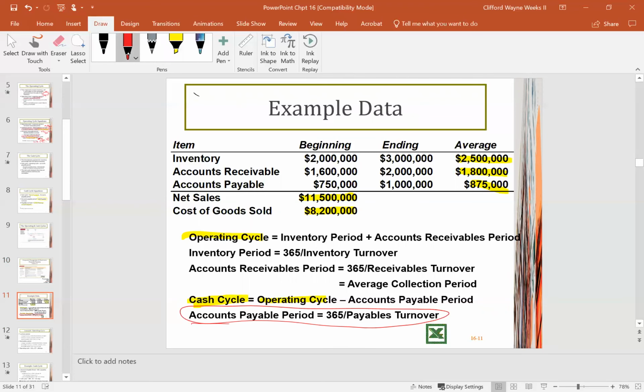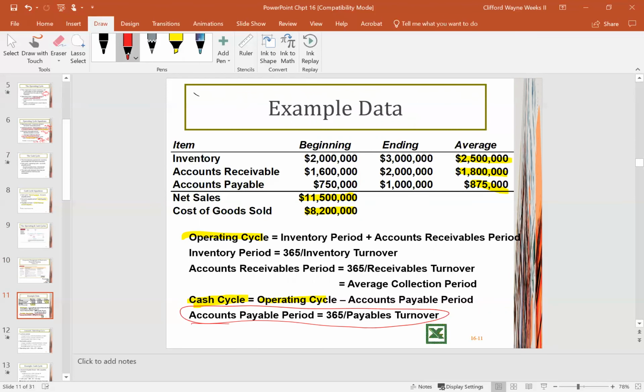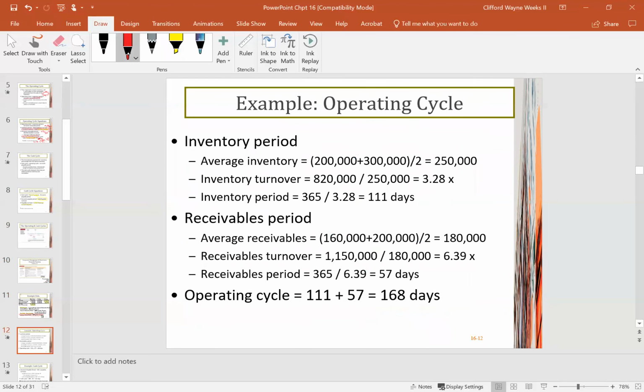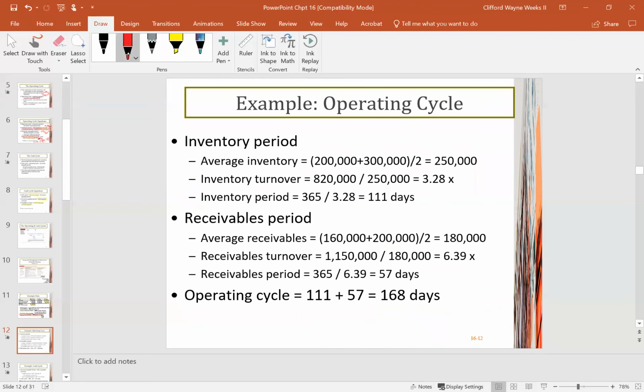That's what that slide earlier was trying to identify for us, the breakdown of all that. For the inventory period, the first step is to figure out the average inventory. Like I said, they already gave us that information. They gave us the $2,500,000. Apparently they dropped some zeros there.